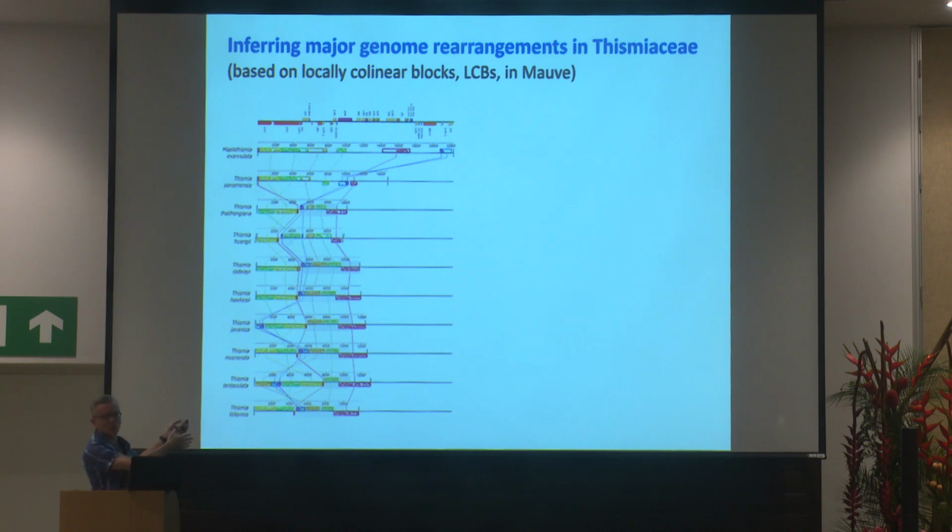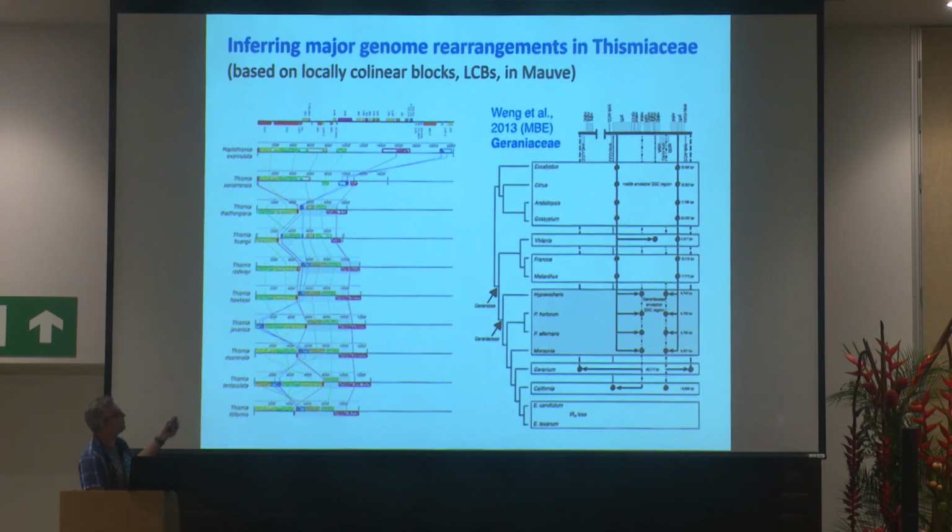This is very nice to look at, but very hard to interpret in an evolutionary sense. So what we'd like to do is map those changes onto a phylogeny. Here's a study from 2013 that did that. This study is hand-curated, so there's no automatic program that will do this. I wish there were. One of the students in my lab, Philippa, is working on this problem.